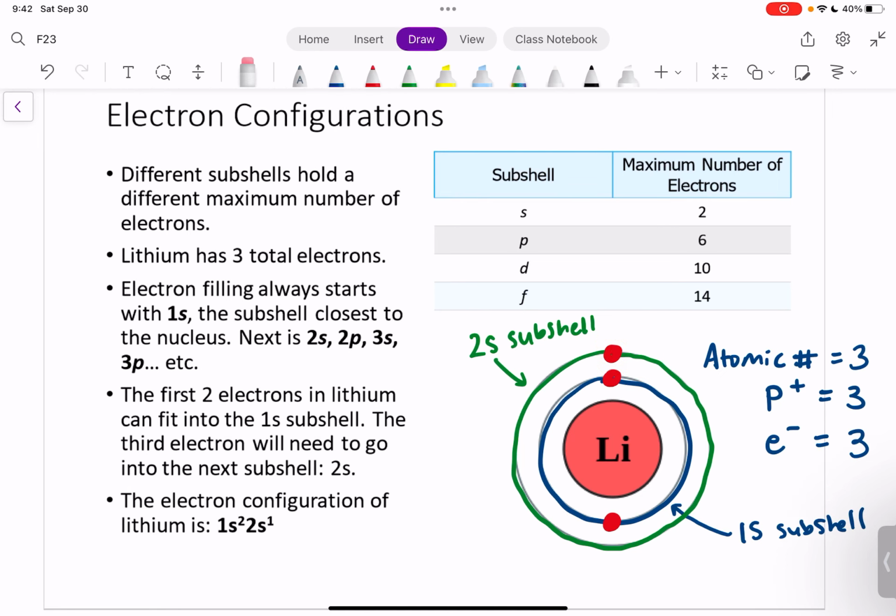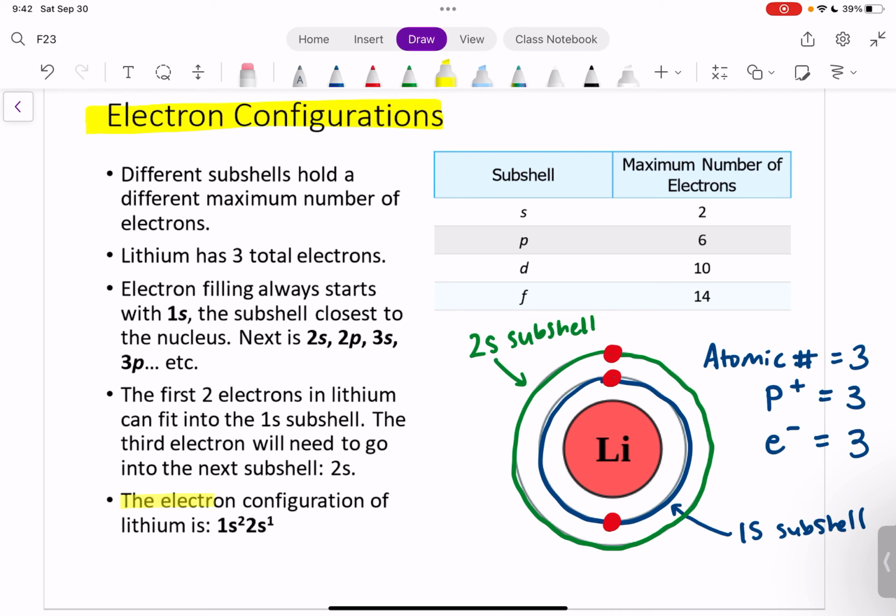This is one way that we can depict the lithium atom, and what it really looks like. Where are the electrons in relation to the nucleus? But another way, a shorthand way of writing all of this information down is with something called an electron configuration.